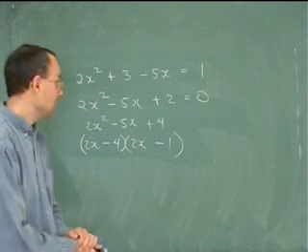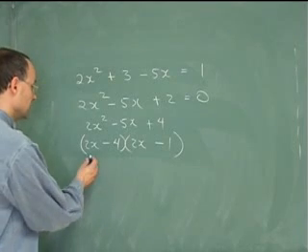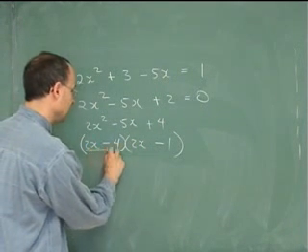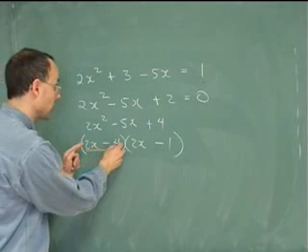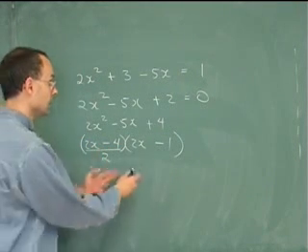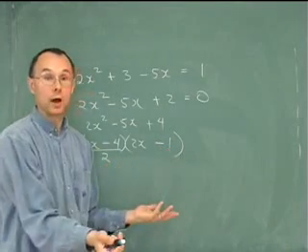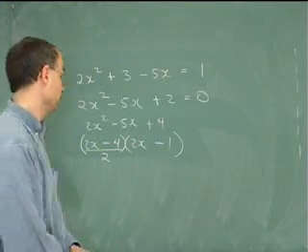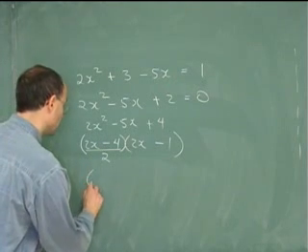And then my last step in the interims here is to look at what I have in the brackets here and divide each term by a greatest common factor. In this case, the greatest common factor is 2. Here, the greatest common factor is 1, so there's nothing gained by dividing each term by 1. So what would my factored form look like?